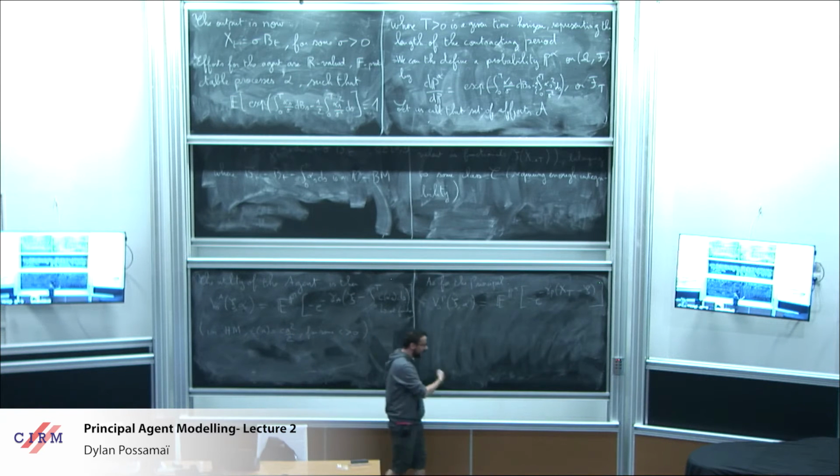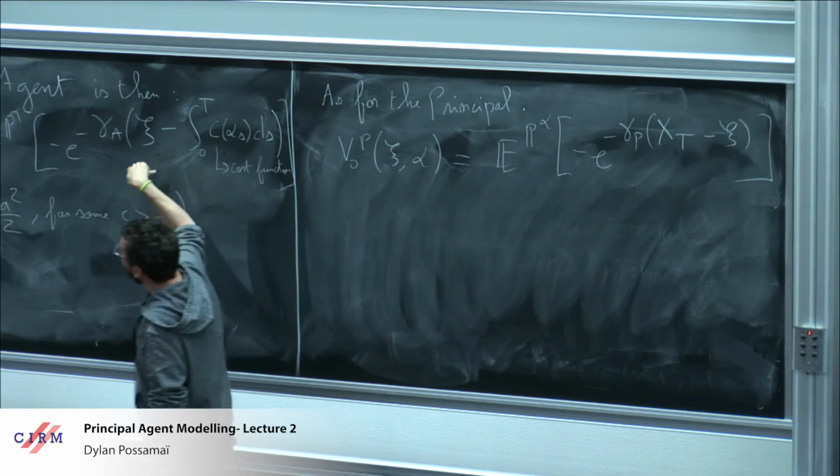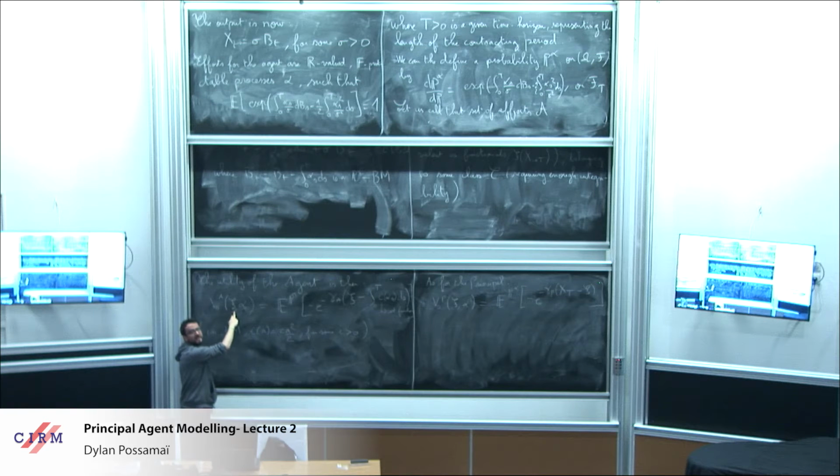Okay, so I told you when we started today that the important thing was, when I look at the problem of the agent given a contract psi, can I understand this set A star of psi of all the optimal controls associated to this problem?